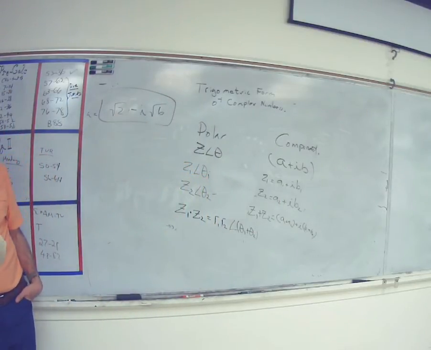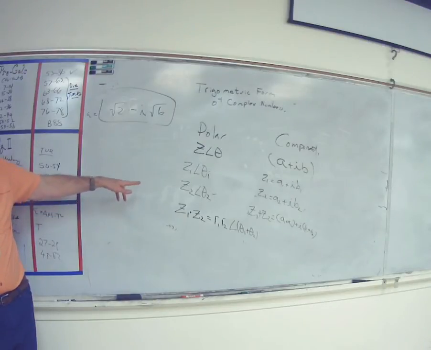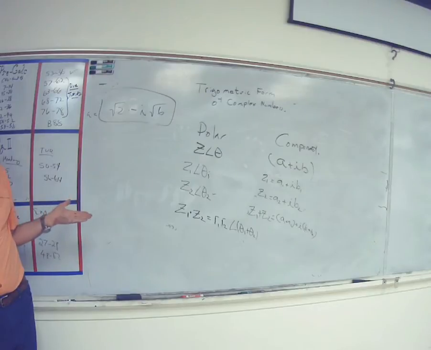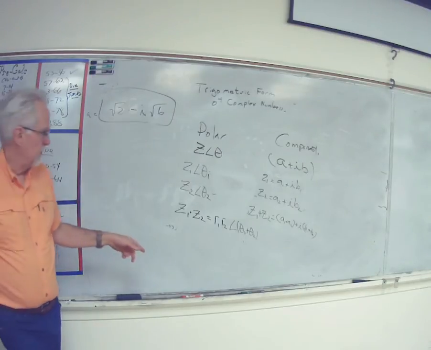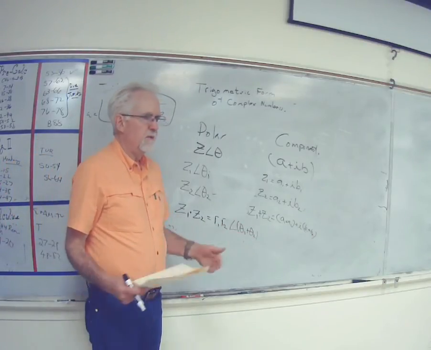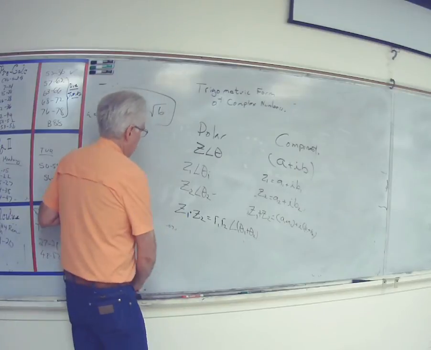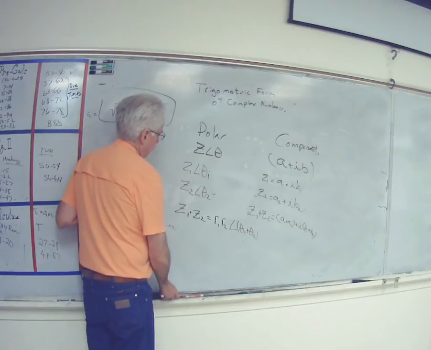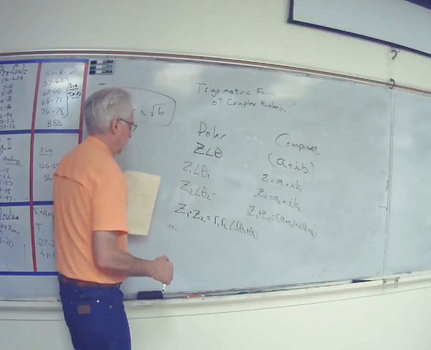You have to find R first. If you're given it in polar form, you have the R. So it's just the radius of the first one times the radius of the second one, and you add the angles together.